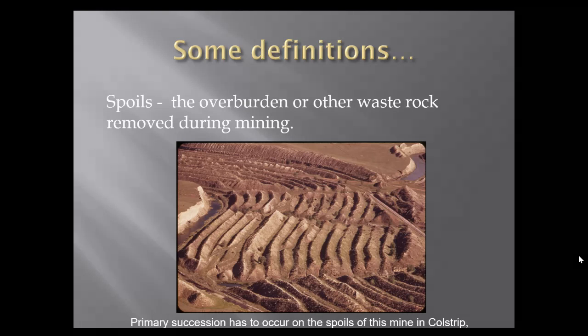There's no topsoil there. So when this recovers, it's primary succession, which takes a long time. So think back to ecology, primary and secondary succession. Remember, for secondary succession to occur, there must be soil. Well, with this mining, there was soil on top, but that just got buried under all these spoils. And now it's going to be primary succession that has to happen for this area to recover.